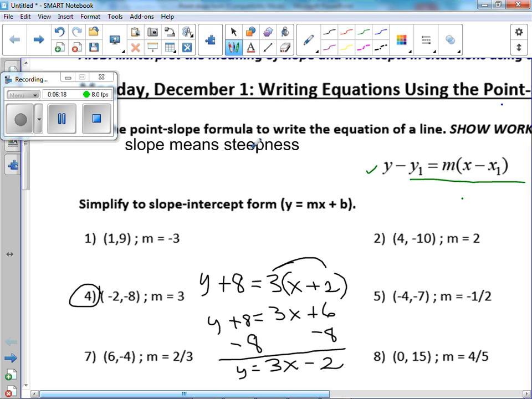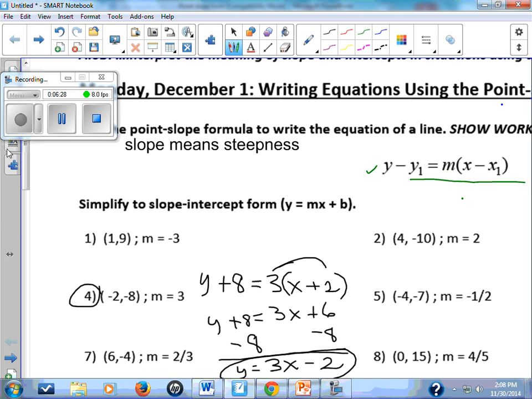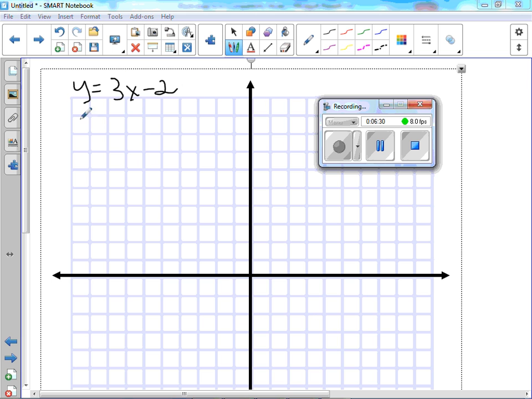Now that's the answer. We're simplifying to slope-intercept form because when it's in this form, we can easily graph it in a coordinate plane. So let me just show you that real quick. This is the equation of a line form, which means it will describe the line you graph. All we need is the y-intercept, which is -2, so we go down 2 and mark it. The slope is a positive 3, so we go up 1, 2, 3, and over 1.